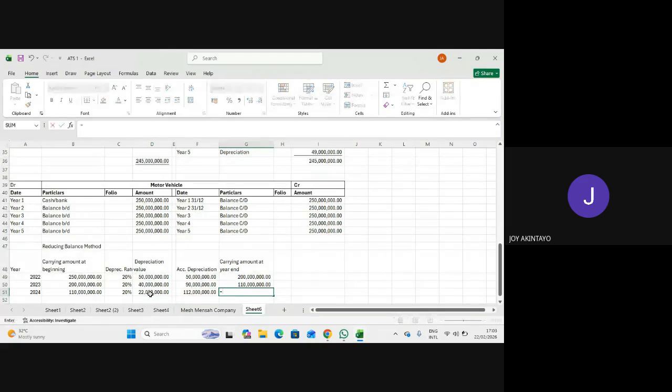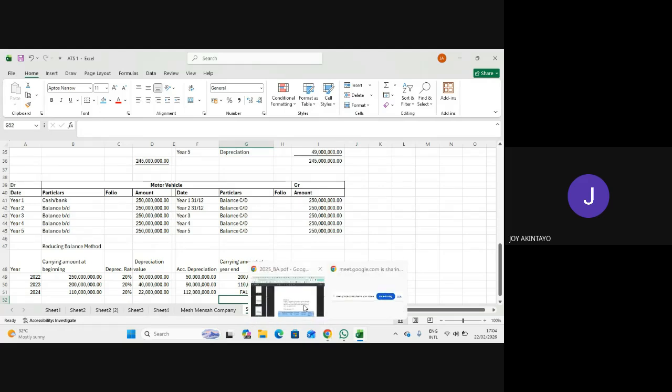This one minus 110 minus 112, no. It's not possible.